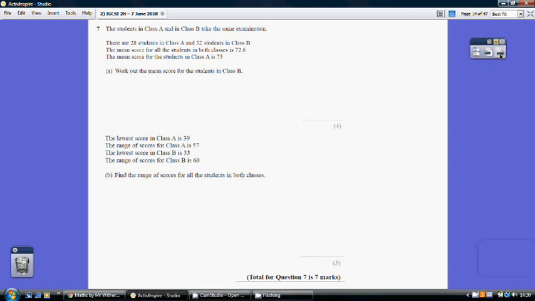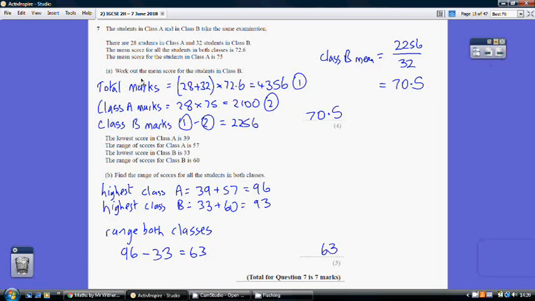Question 7, part A. We're going to work out the mean score of the students in class B. Let's start off by working out the total marks for Class A and Class B together. The number of students is 28 and 32, and the mean score for all the students in both classes is 72.6.